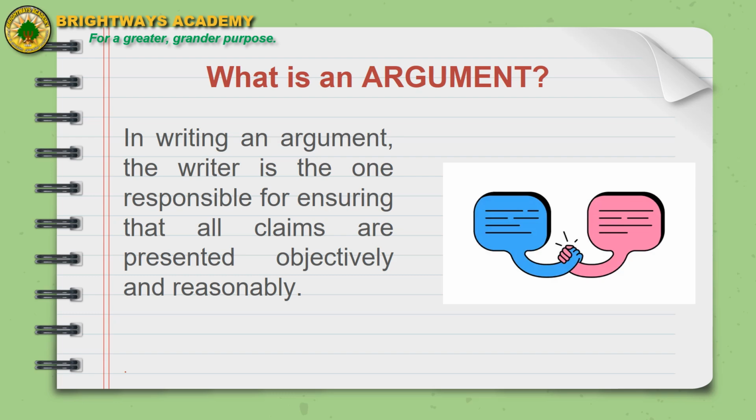You must also use evidence like facts from statistical data to support your claims. The convincing power of your argument largely depends on your skill in presenting sound reasoning and evidence.